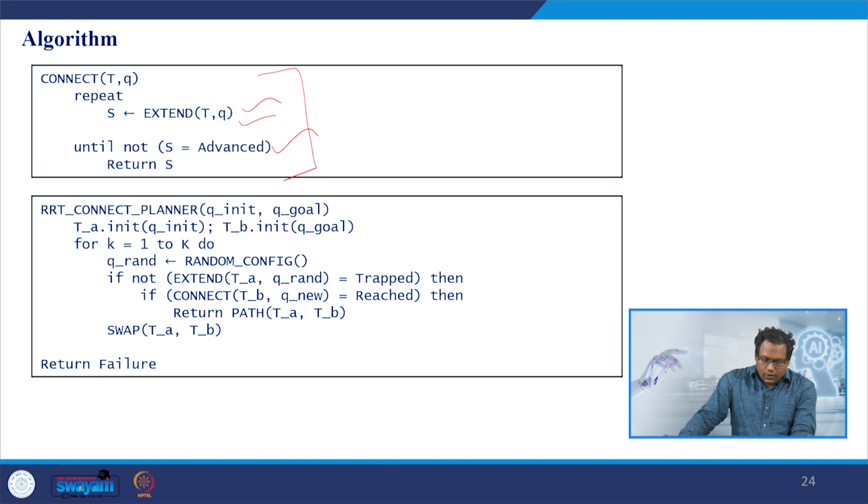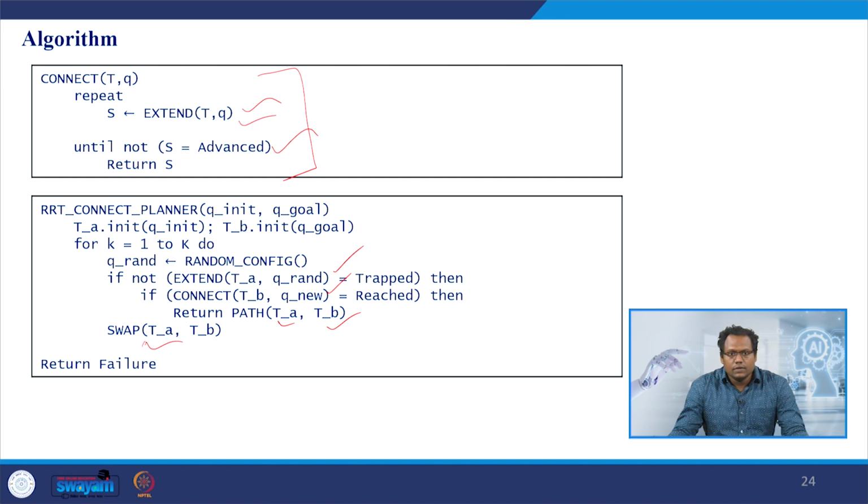So, here we have to extend and connect, extend and connect. Once we have this extend and connect, then we have to swap the trees, that means TA and TB. Then we have this swapping based approach.